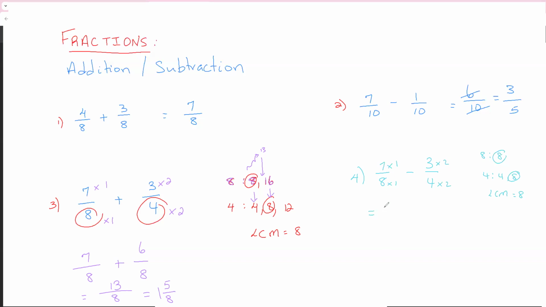So that becomes 7 ones, that's 7 over 8, minus 3 twos, that's 6 over 8. So denominators, once they're the same, they stay the same. And then we subtract the numerators. 7 minus 6, that's 1. So our answer for this one will be 1/8.